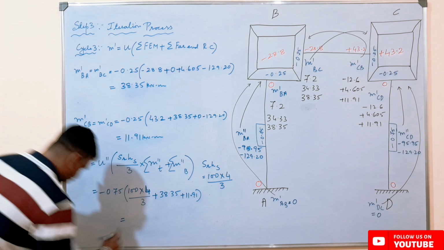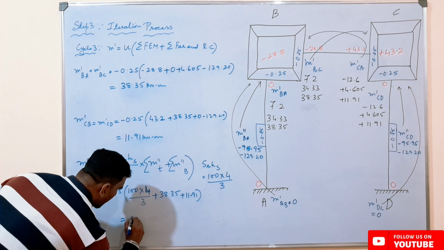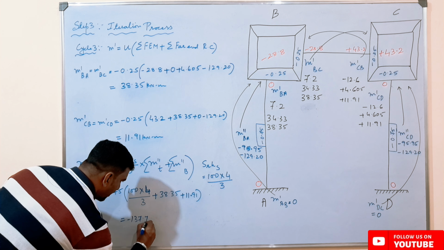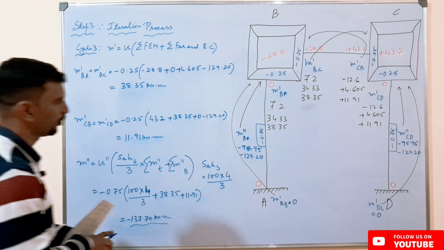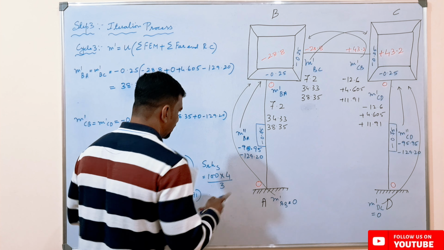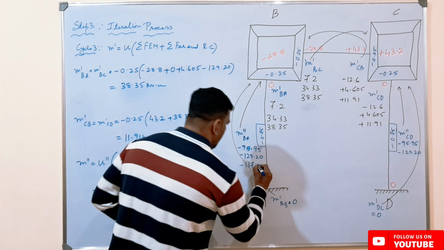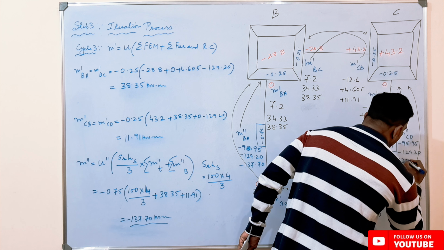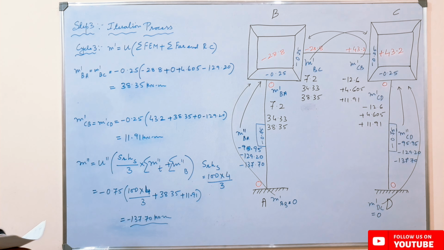So we are getting a value of minus 137.70 kilonewton meters. So this value will provide over here minus 137.70. So here also minus 137.70.